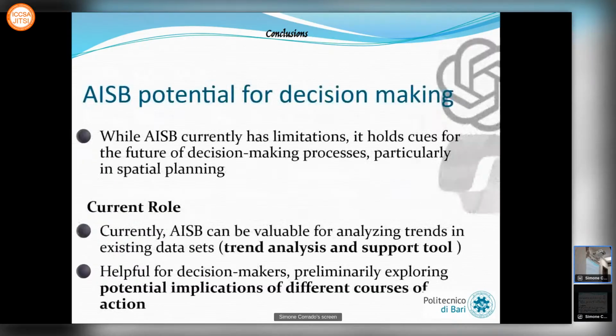Of course, we cannot deny the fact that the AI approach can represent a good way to envision possible suggestions, ways to proceed, to explore, and then to select for the policymakers.